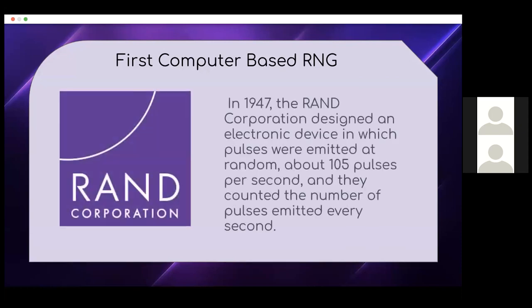So let's look at our next major improvement, mainly the first computer-based random number generator. It was created by a corporation called RAND, where they used an electronic device, a computer of their time, with a pulse which emitted at a random pace, like 10^5 per second, and they would count the number of pulses emitted every second.